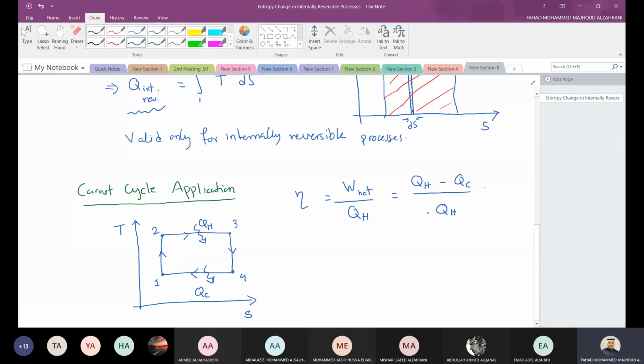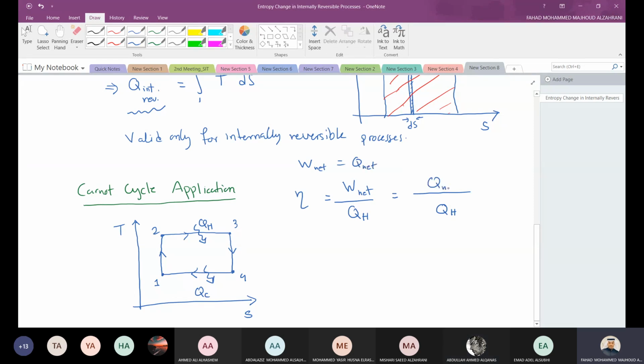Let's see how we can rewrite this. What did we say for a closed system, for a cycle? We said for a cycle the net work equals Q net.